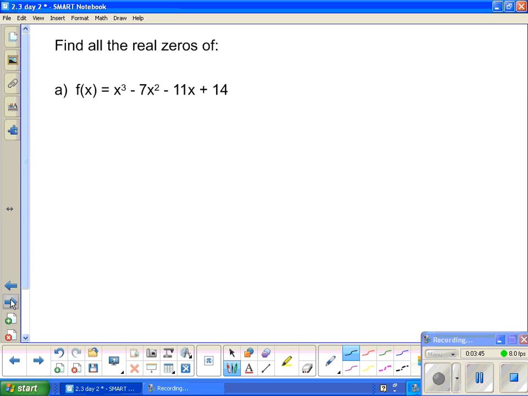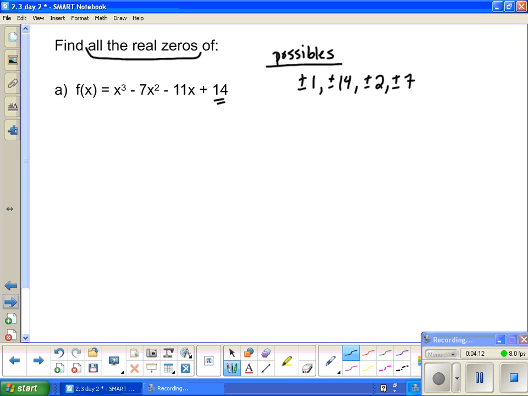Now moving on, it says to find all the real zeros of the function. Well, I'm not given any, so the first step I have to do is find the possibles. So my p: plus or minus 1, plus or minus 14, plus or minus 2, plus or minus 7.